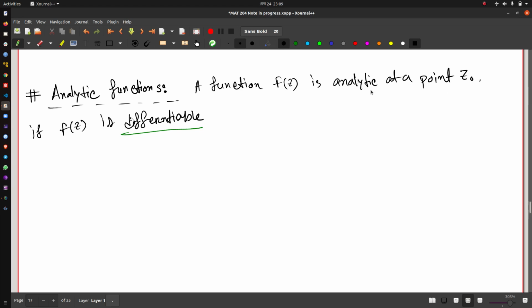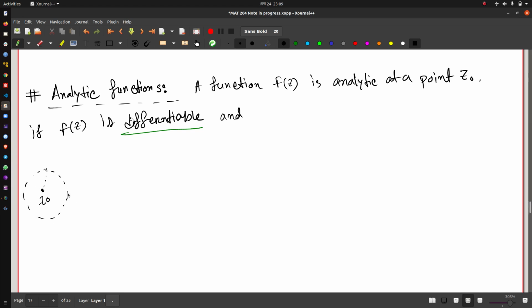So at point z naught, f of z must be differentiable, and not only differentiable at that point, but differentiable in a neighborhood of z naught. That means you are taking the Cauchy-Riemann conditions at the point z naught, but also adding a small neighborhood of it.